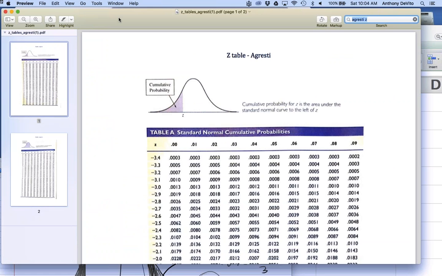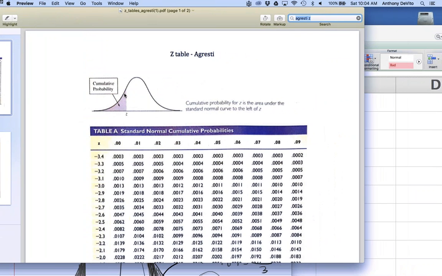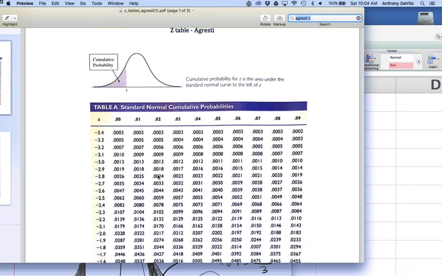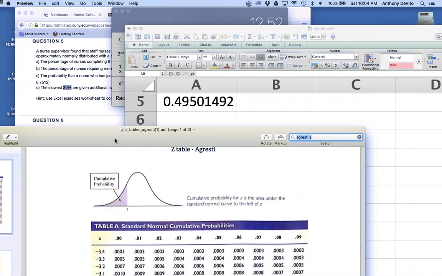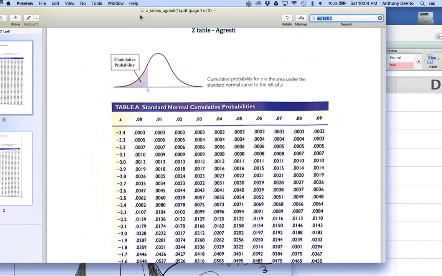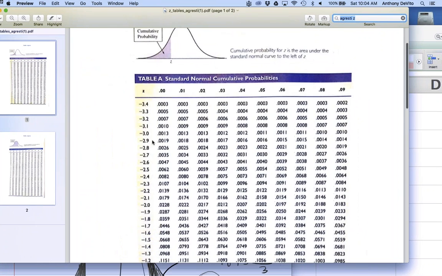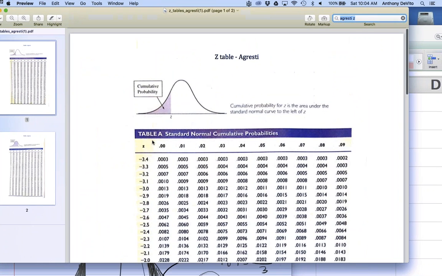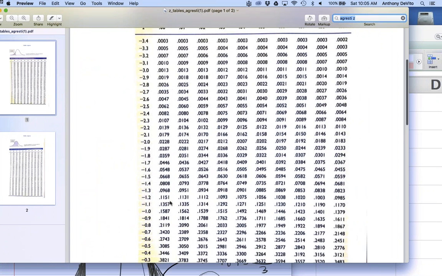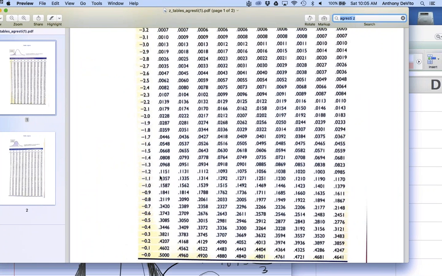If I wanted to know the area for a z-score of, let's say, plus 2.0, I would go over here. Notice all the z-scores are on the first page because they represent all areas that are to the left of the mean, so they're all going to be negative. And if I were looking for a z-score of negative 1.56, it'd be negative 1.5, then 0, 1, 2, 3, 4, 5, 6.